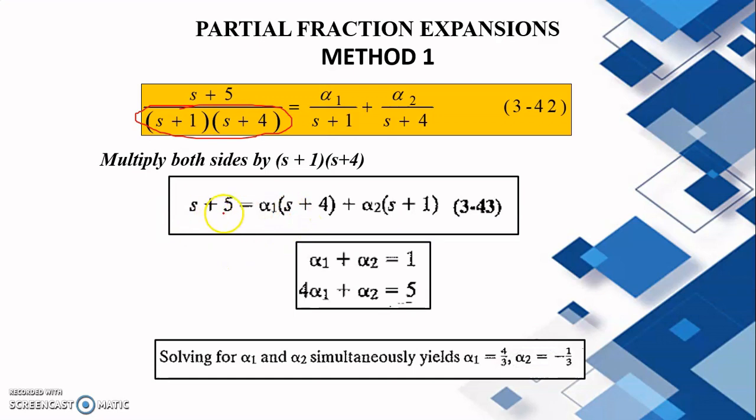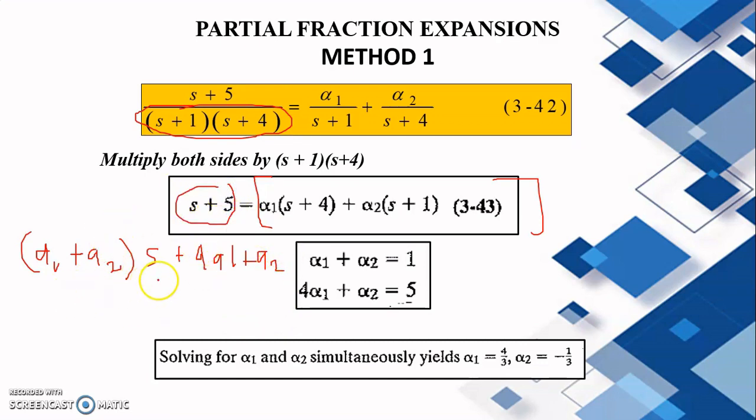From this equation, basically you can simplify. If we solve the right side, you will get (a1 plus a2)s plus (4a1 plus a2), which is equivalent to s plus 5 just now. If you look here, we make it similar.